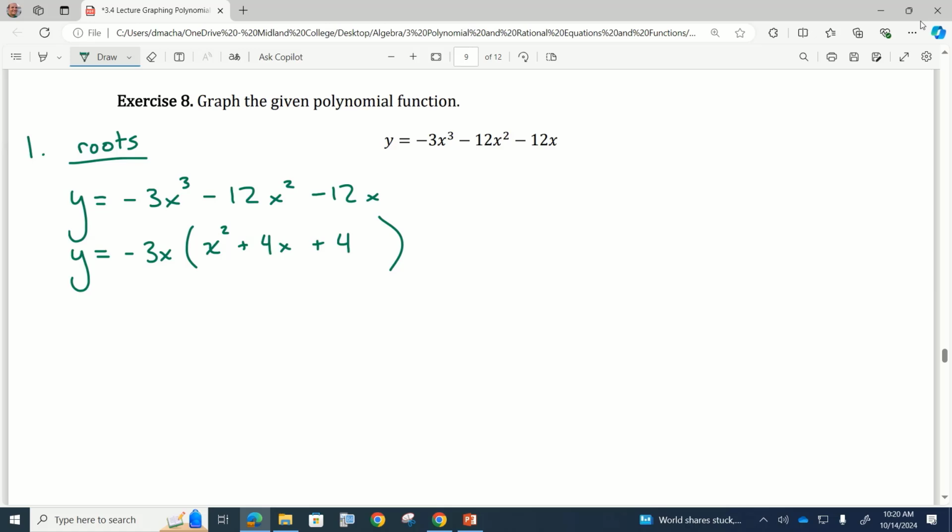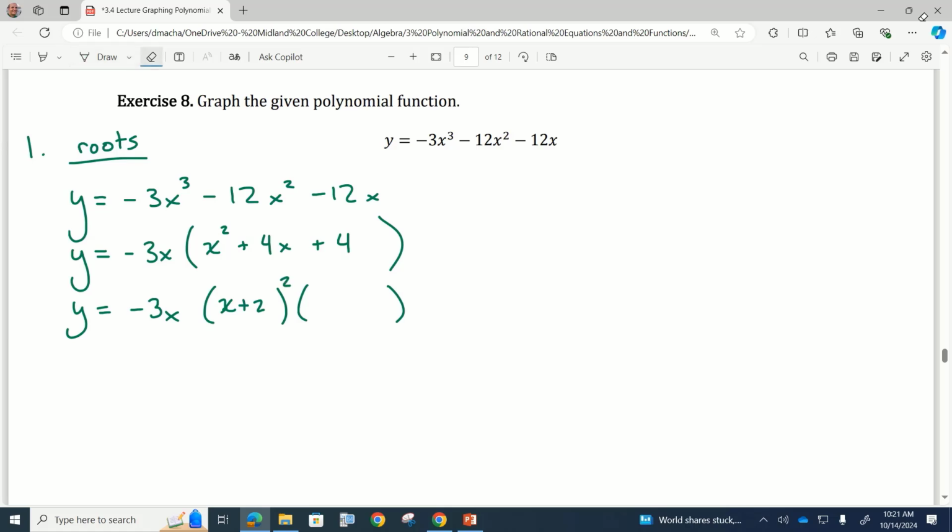How does that factor? It is a perfect square. So it would be x plus 2 times x plus 2.